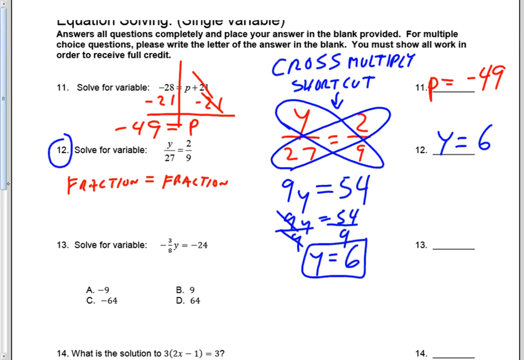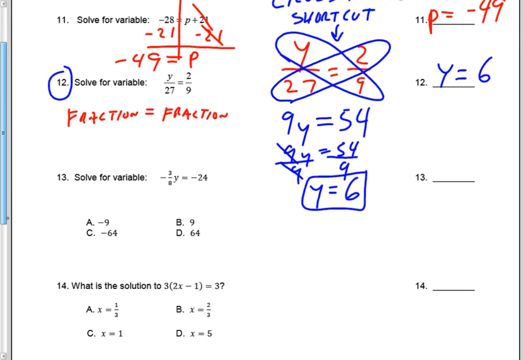A lot of people thought they knew what they were doing for number 13, but they multiplied by the wrong fraction. What would you multiply to get rid of negative 3 over 8? Do you multiply by 3 over 8? What do you multiply by? All right, 8 over 3, both sides, but if that's negative, this also has to be negative.